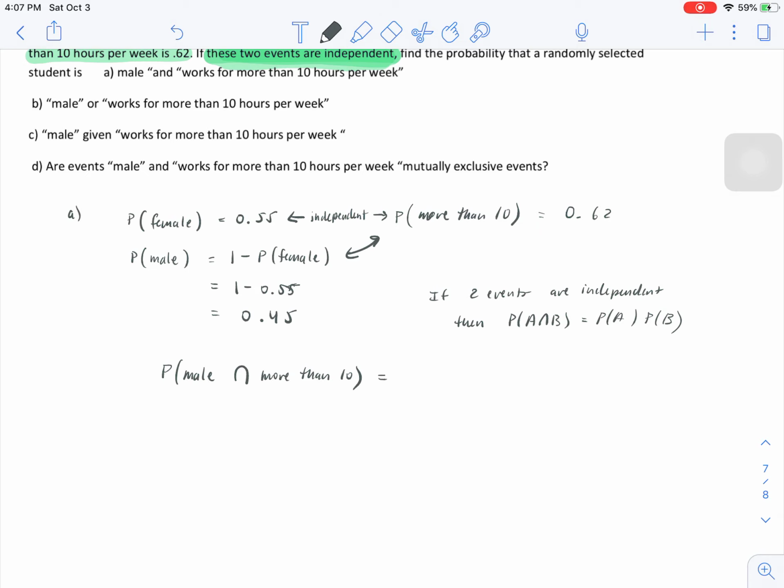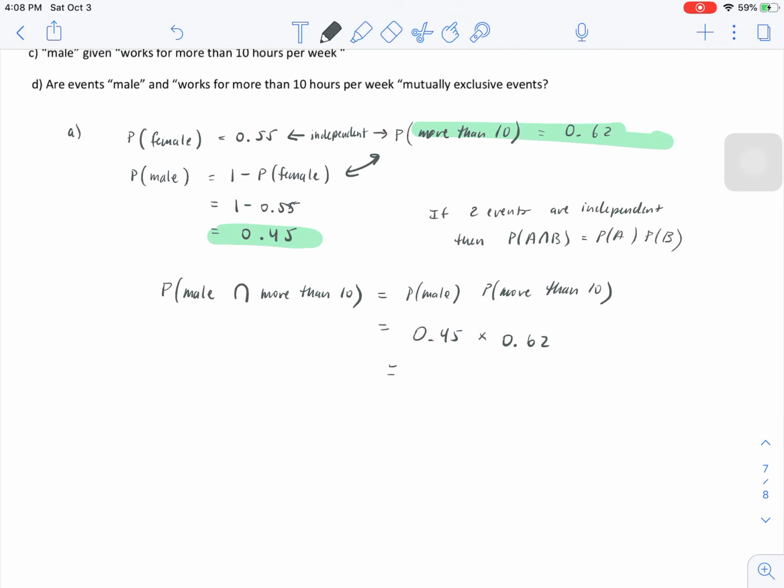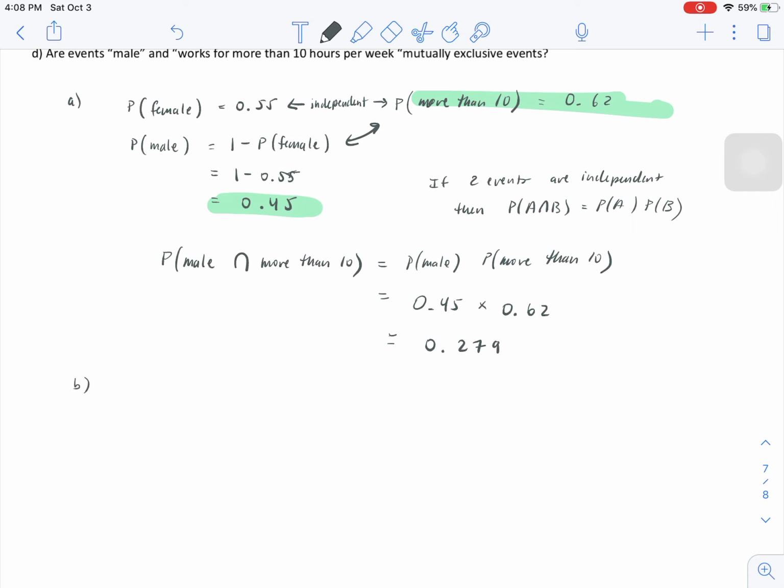So the probability that a student is male and works for more than 10 hours per week is the product of these two probabilities. The probability that a student is male is 0.45, and the probability that a student works more than 10 hours is 0.62. If I plug this into my calculator, 0.45 times 0.62 is 0.279. And that's our final answer for part A.